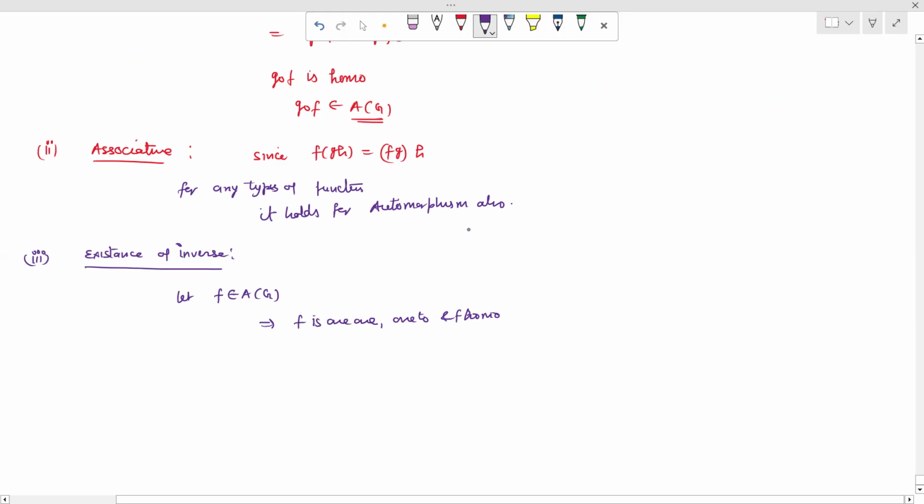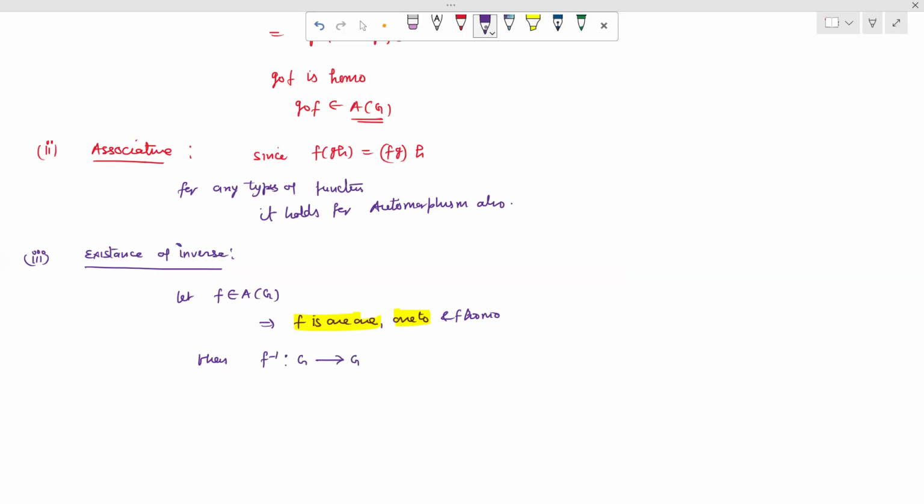Now we have one theorem in functions: a function which is 1-1 as well as onto possesses the inverse. So we can write that f inverse of such a function exists also.